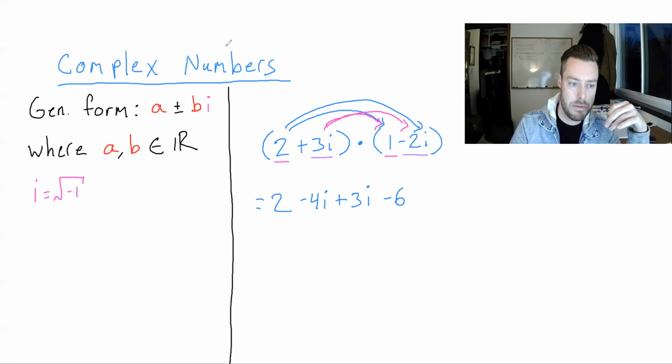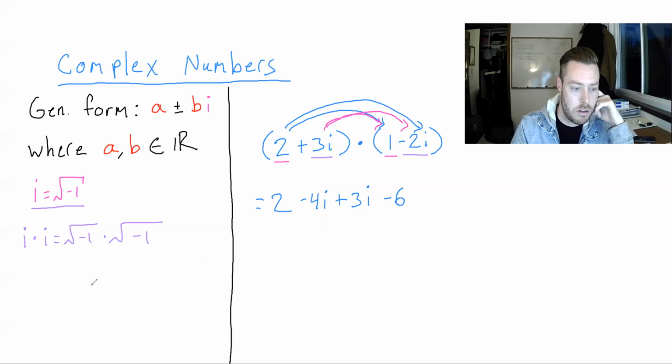Well, we previously defined i as being equal to the square root of negative 1. Essentially, what we're asking for here is i multiplied by i is equal to the square root of negative 1 times the square root of negative 1. Or you can also define this as negative 1 to the 1/2 power times negative 1 to the 1/2 power.